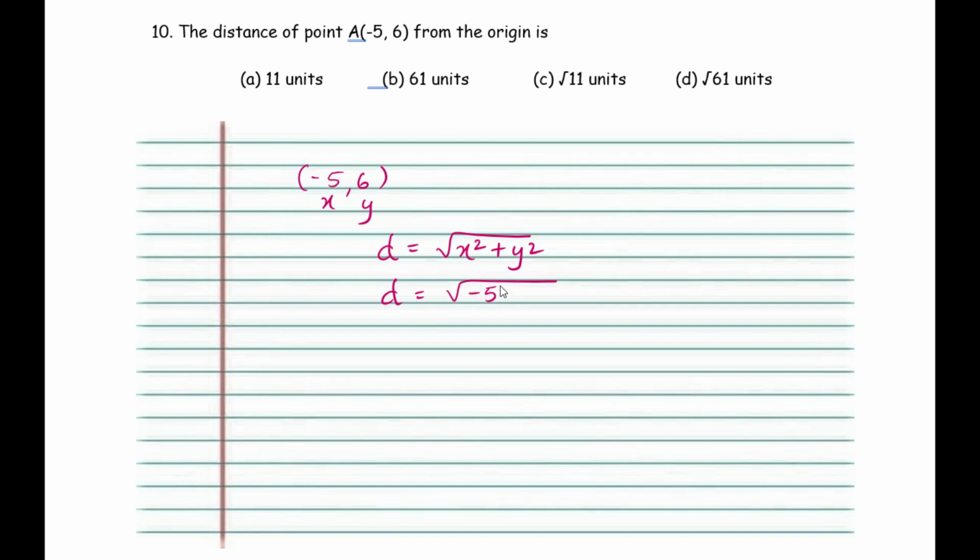X is minus 5 whole square, y is 6 square. Minus 5 square is 25, 6 square is 36. Now 25 plus 36 is 61. Therefore, d equals square root of 61 units. Therefore, the correct answer is option D, root 61 units.